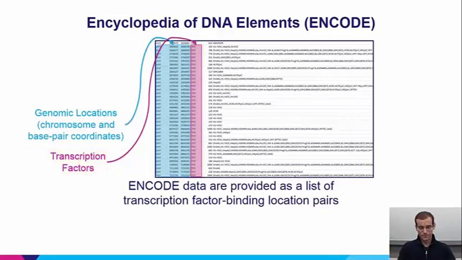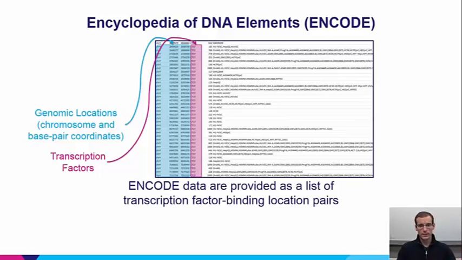transcription factor. So this is summarizing a whole bunch of these transcription factor binding site mapping experiments. Every row is telling us this transcription factor has been observed to bind in this genomic location.